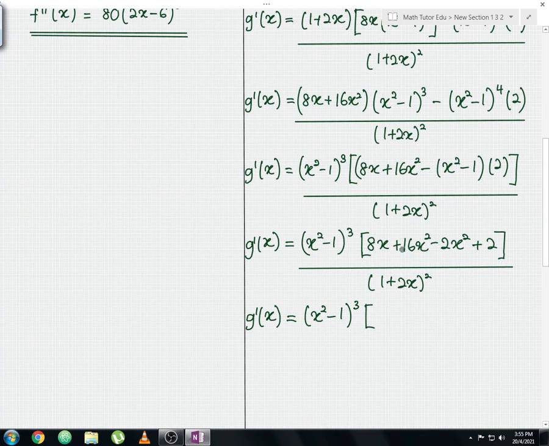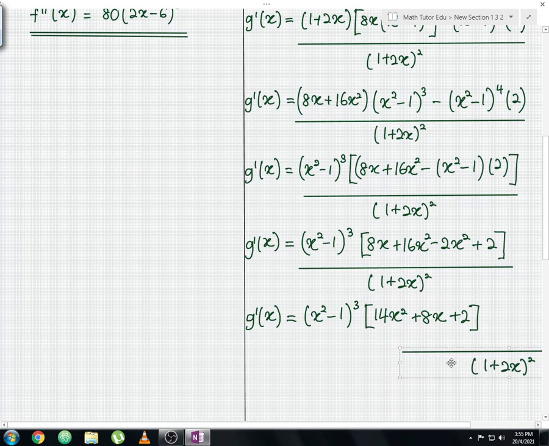So 16x square minus with 2x square, you will end up getting 14x square. And then you plus with 8x, and you plus with 2. Then divide the whole equation by 1 plus 2x square.